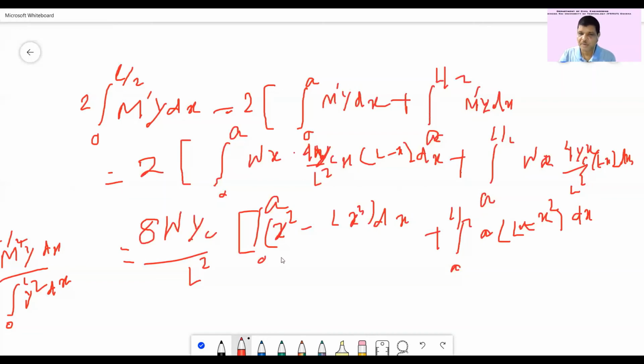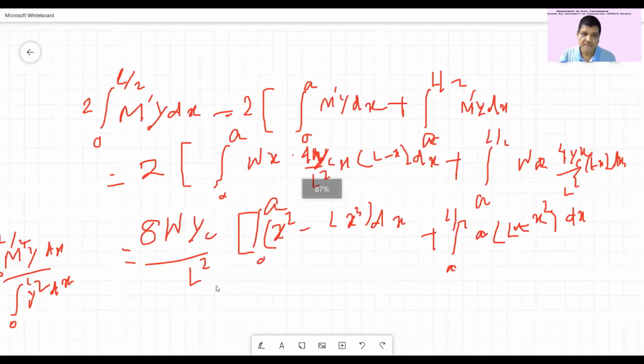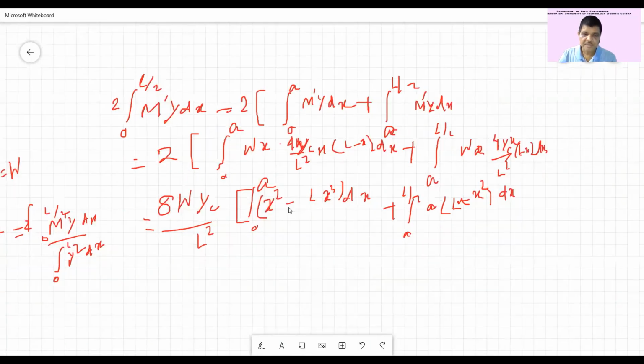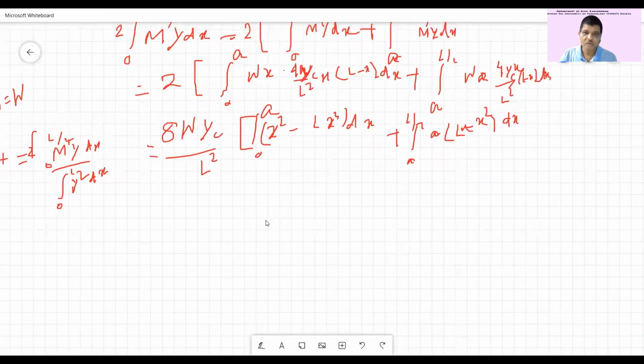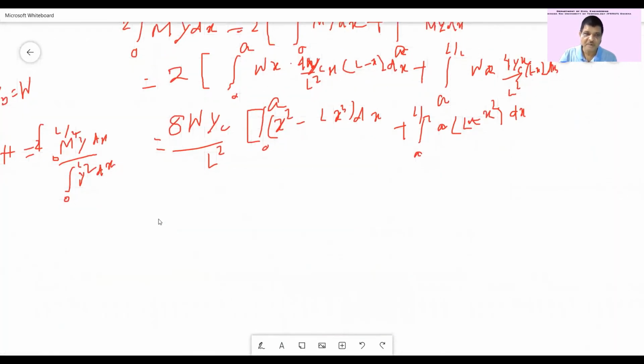The integral of x square is x cube by 3, and L x cube gives x to the 4 by 4. Here x gives x square by 2, and x square gives x cube by 3. Then you can put all these values here for the calculation part. So let us calculate these values.